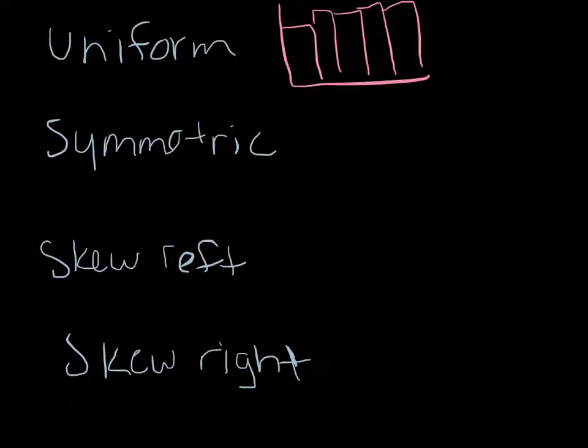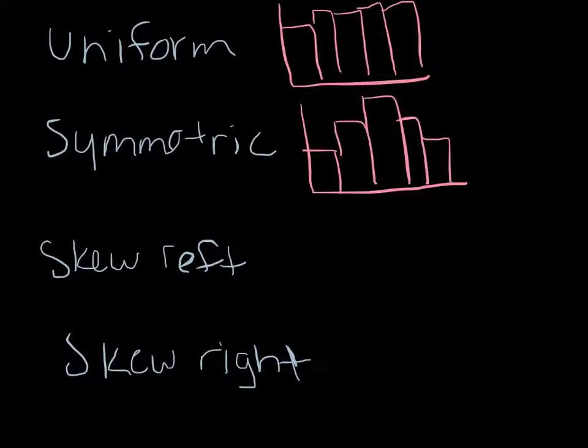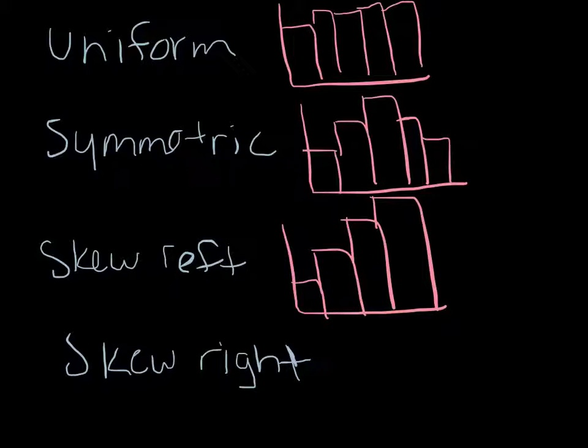Okay, if I want to talk about one that is symmetric, remember that's where my bars kind of either have a peak or a valley. Skewed left is when my bars go down to the left. And then finally skewed right is where my bars go down to the right.